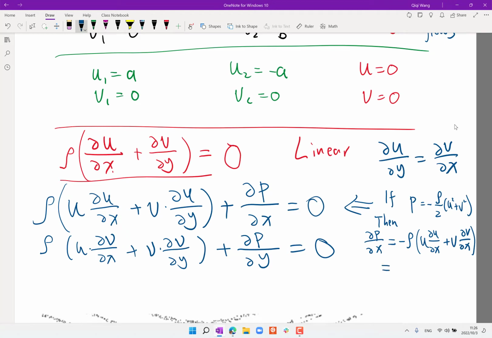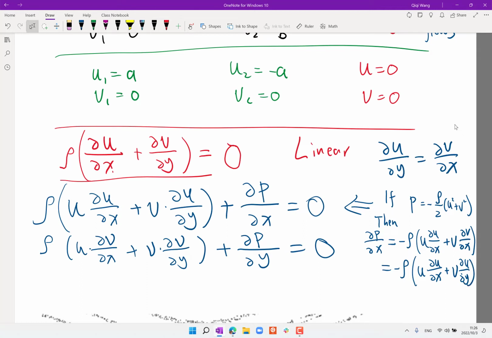Now, dv dx is equal to what according to the assumption that vorticity is equal to 0? dv dx is equal to du dy, right? So v times du dy.